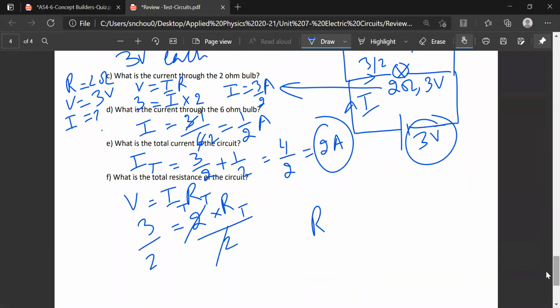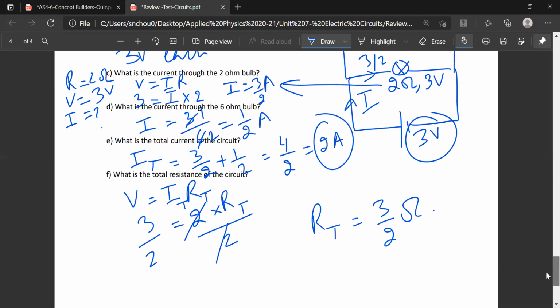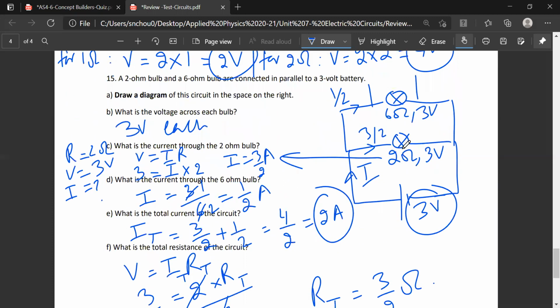So R total is 3/2 ohms. And the way to check that answer is this should be smaller than either of those, right? That doesn't guarantee that you did it correctly, but it should at least be smaller. So look, 3/2, which is 1.5, is smaller than 2 ohms or 6 ohms.